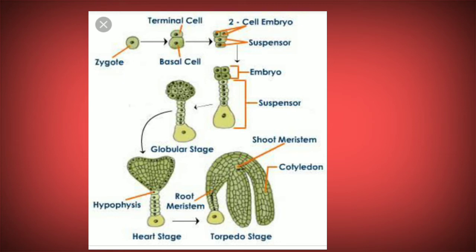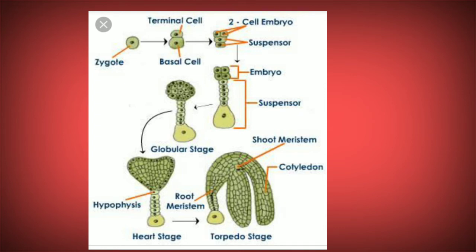In that heart-shaped structure, the last cell of the suspensor, at the end adjacent to the proembryo, is known as the hypophysis. So the hypophysis is the end cell of the suspensor and it is attached to the proembryo. The hypophysis later gives rise to the radicle and root cap of the whole embryo.